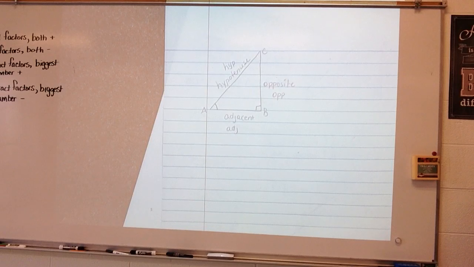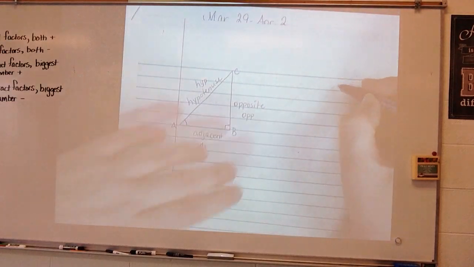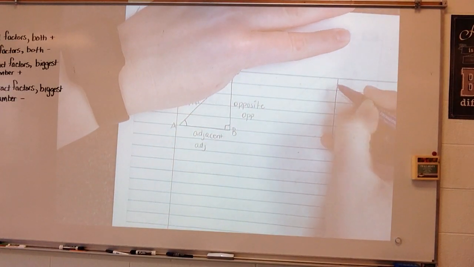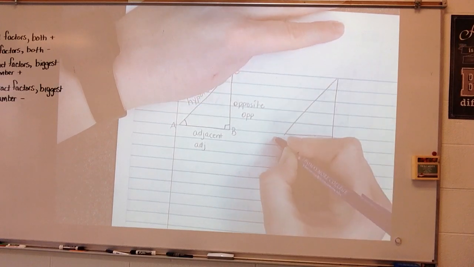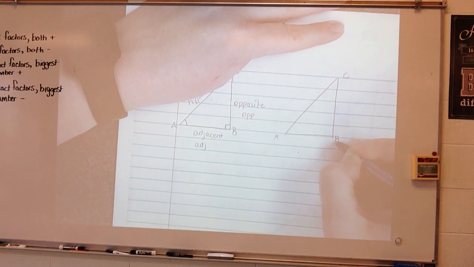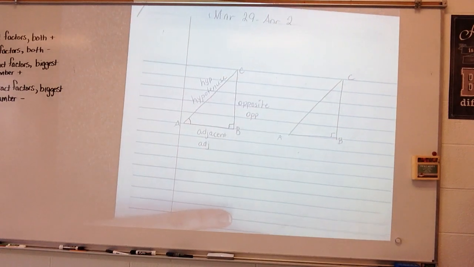The labels will change if we are looking at another acute angle. So let's say I look at my same triangle here, with B being my right angle.